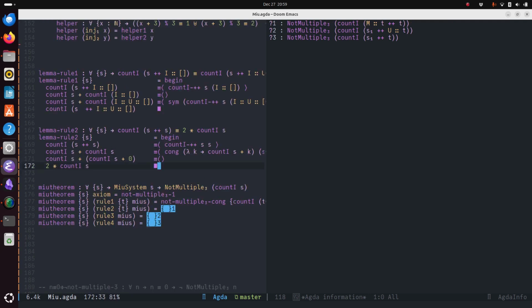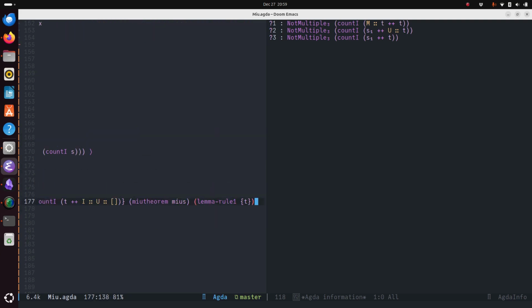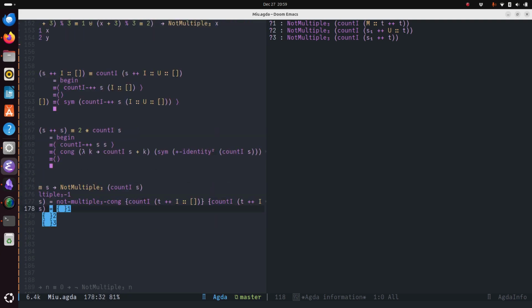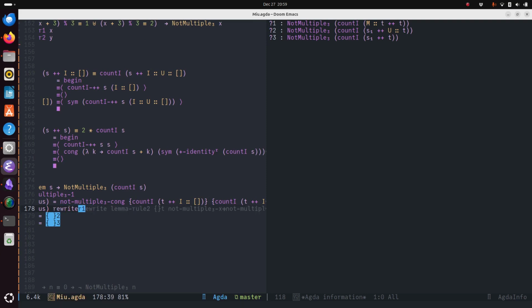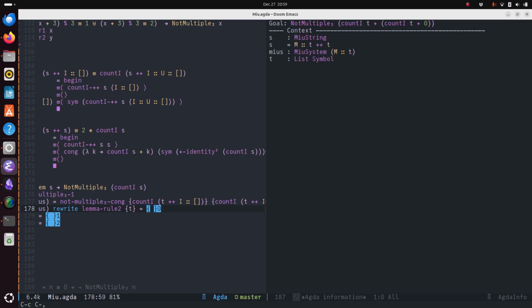Right. So now we have a lemma which says that appending a string to itself, the counters will get doubled. Now we can rewrite it. T. Right.